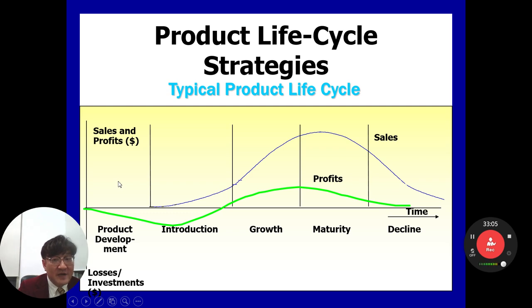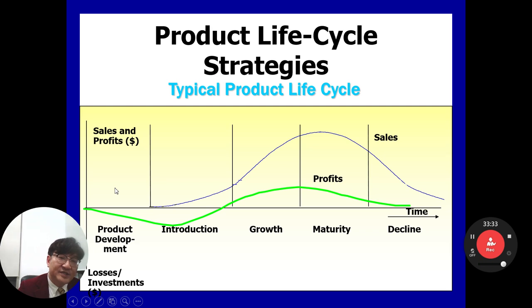Okay, in the product development stage, we do not have product in the market. We have the product in the market only after this launching timing. This is the launching timing, right? After we launch the actual product in the market, then the sales curve starts. However, we do have a profit curve even before this launching timing.